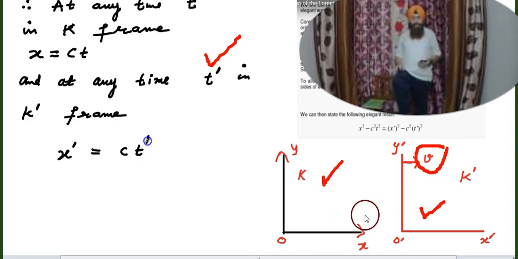That's why the two times are different. Here the time is t, but here the time is t dash. By the clock in the K dash frame, at any time t dash, the distance covered is x dash. So x dash equals c into t dash, as this distance is measured by the observer in the frame K dash.